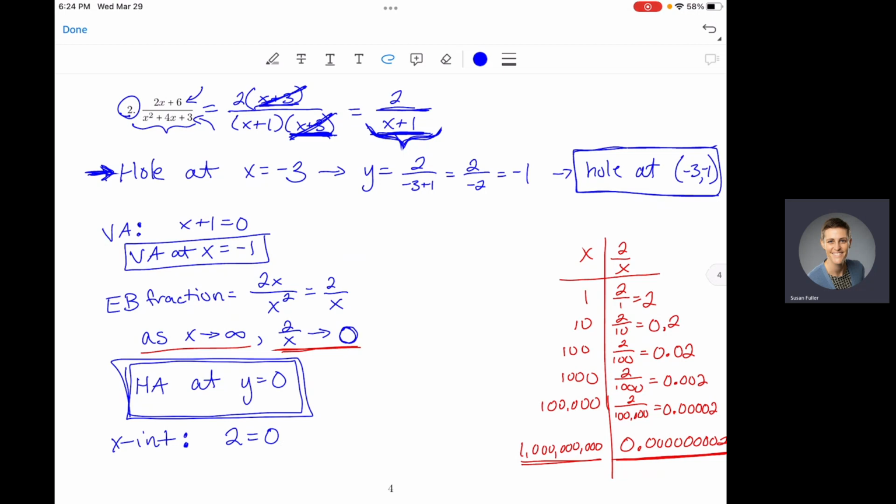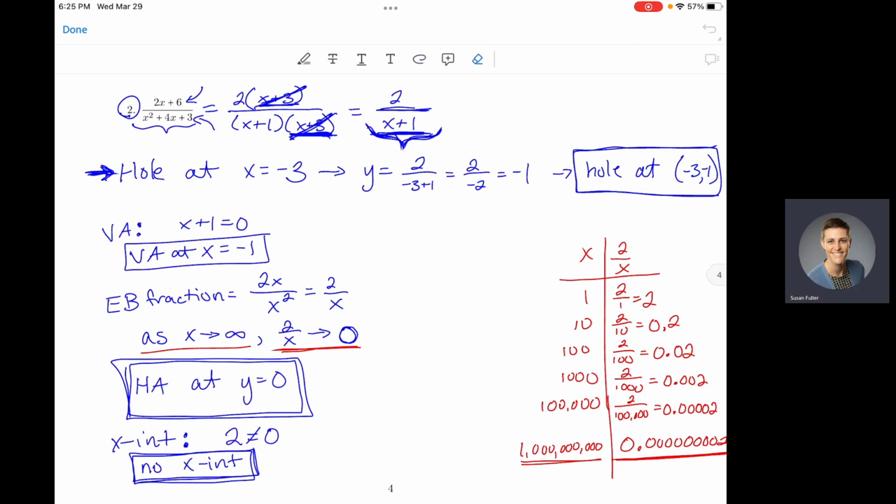If I set my simplified numerator here, what's left up there, 2, equal to 0, I don't have an x to solve for. 2 is not 0. It doesn't matter what x is, 2 is never going to be 0. What that means is that this thing actually doesn't have any x-intercepts at all. So this thing doesn't cross the x-axis anywhere.